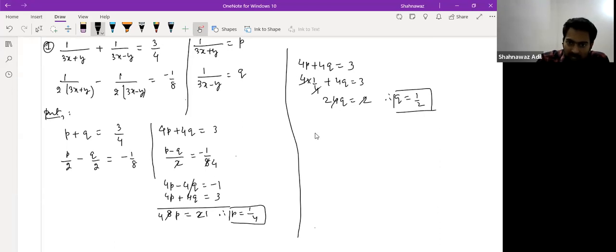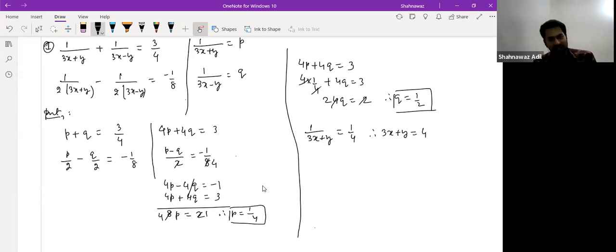So what would be 1 by 3x plus y? 1 by 4. So 3x plus y is 4. You see, you have to solve two linear equations, right? We first solved p and then we have to solve for x and y, right? So 1 by 3x minus y is how much? 1 by 2.